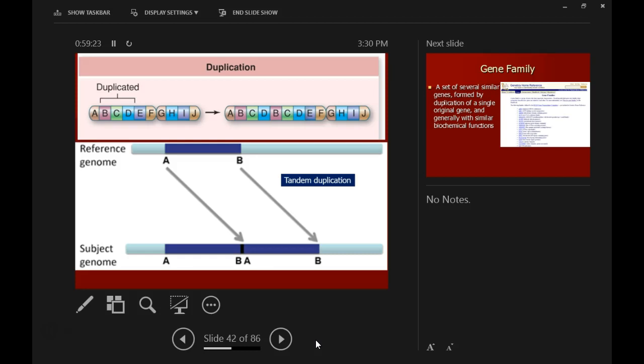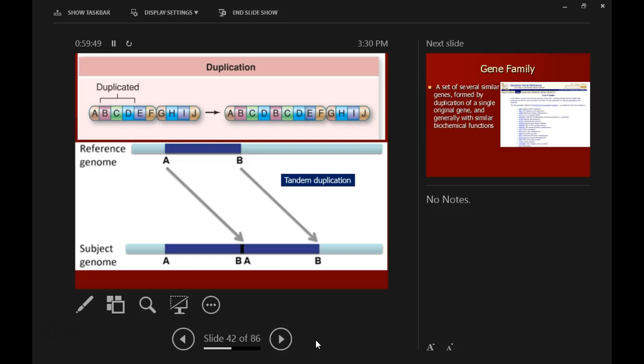Now, take that as an idea. So let's imagine that we have a gene that makes a copy of itself, and those genes start accumulating mutations. And over time, all of a sudden, instead of making the same protein, they start making slightly different proteins, but oftentimes proteins that have the same type of function.